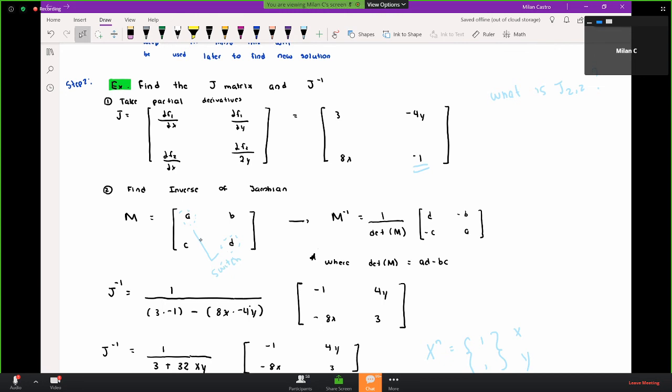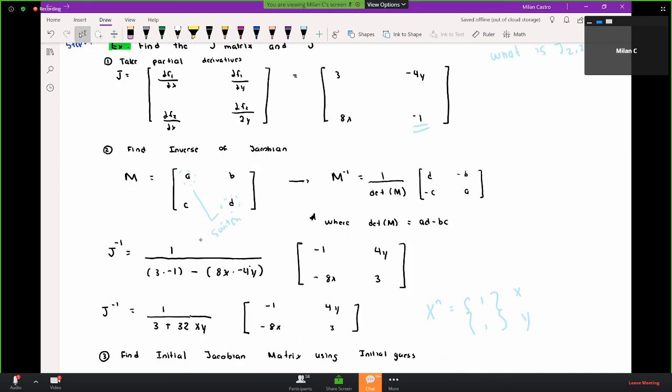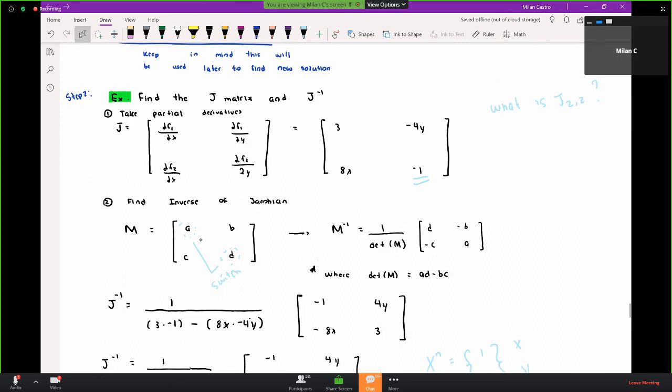So that's essentially the manipulation you have to do to the terms inside of the matrix. From there, we find the determinant of the original Jacobian matrix. So the step after finding the Jacobian is to find the determinant of the Jacobian.